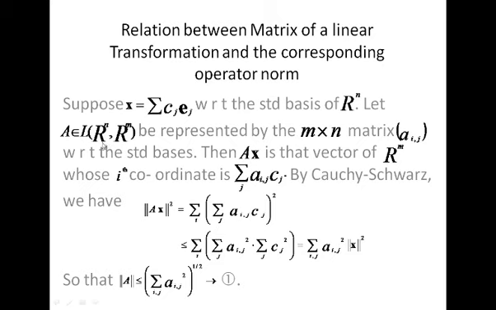So what is the matrix of the linear transformation BA? You can show that it is precisely the matrix of B into matrix of A. This much we know. I have not written these things in this slide.